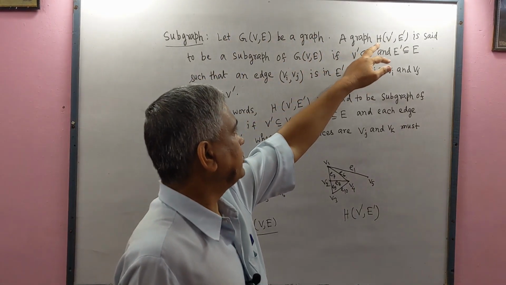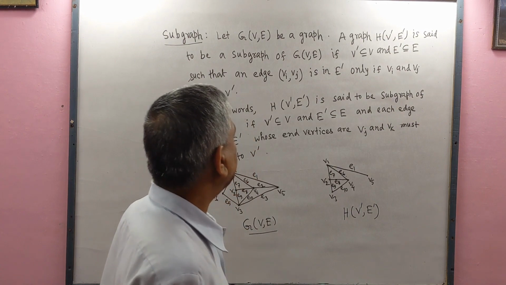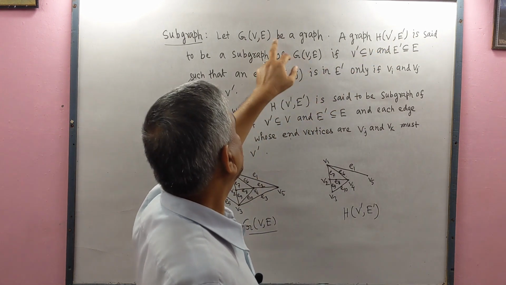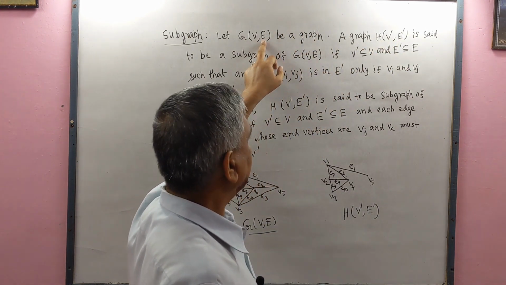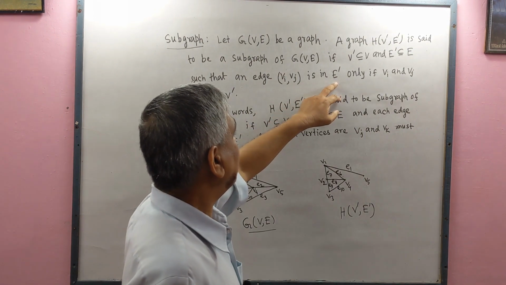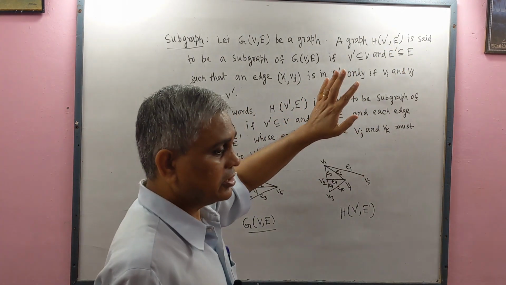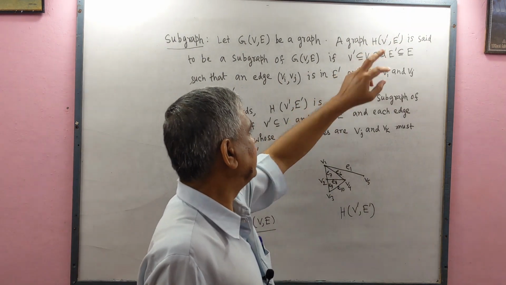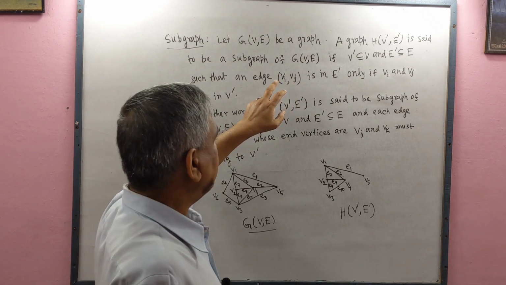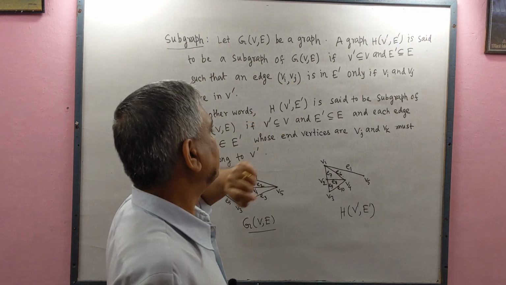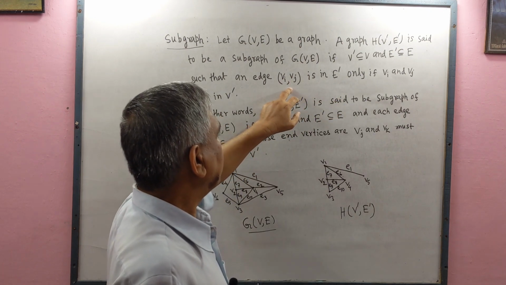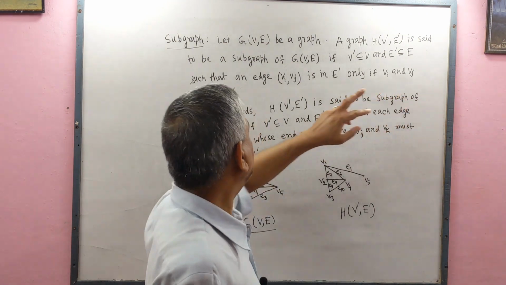A graph H(V', E') is said to be a subgraph of G(V, E) if V' is a subset of V and E' is a subset of E, such that an edge ViVj in E', where E' is the set of edges in the graph H and ViVj is an edge connecting the vertices Vi and Vj, is possible if and only if Vi and Vj are in V'.